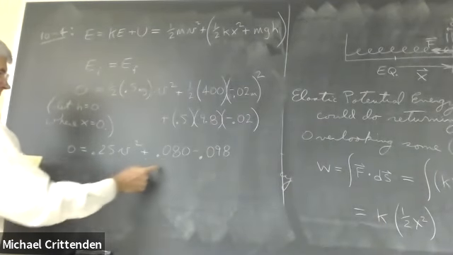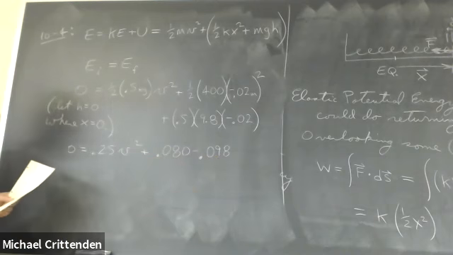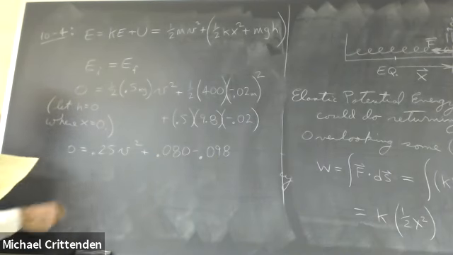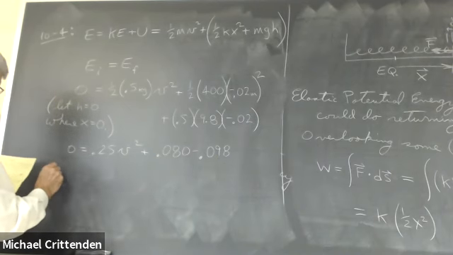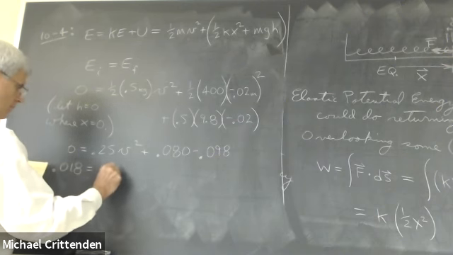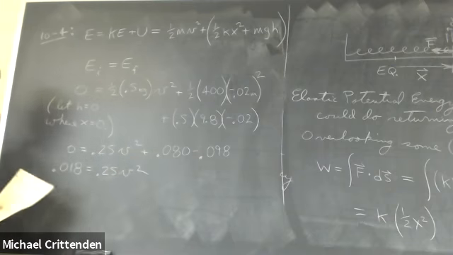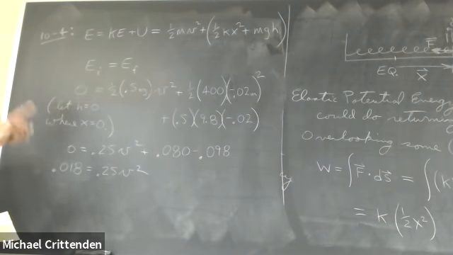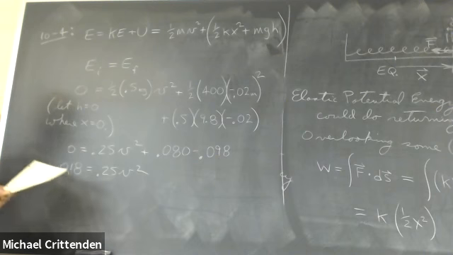So you've got that minus that is negative 0.018. You add it to both sides. And then divide through by the 0.25, take the square root.